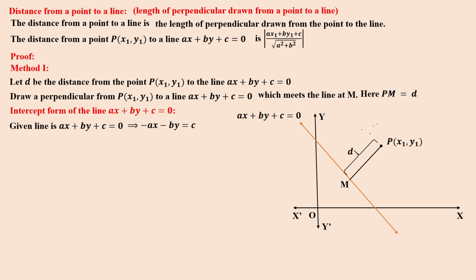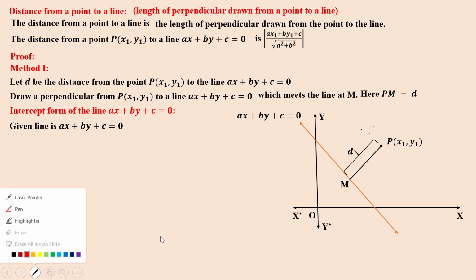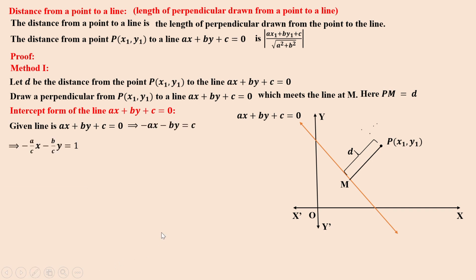Next divide the equation by c. Minus a by c x minus b by c y equals 1. Now a/b can be written as 1 by (b/a), its reciprocal.